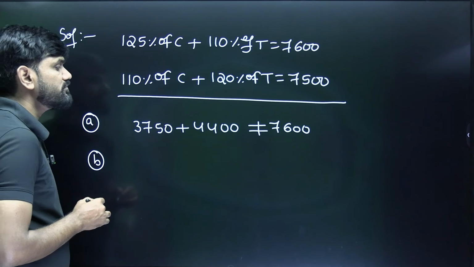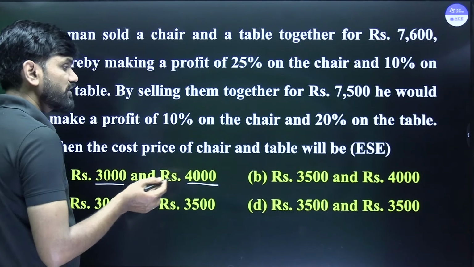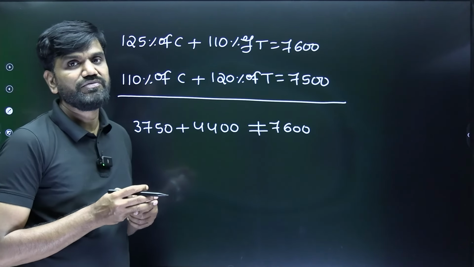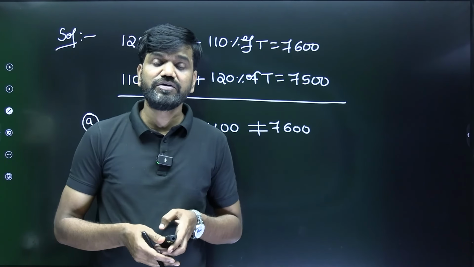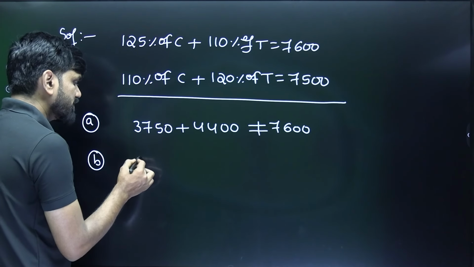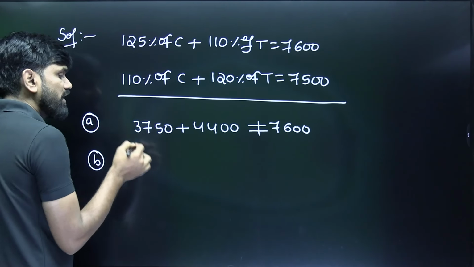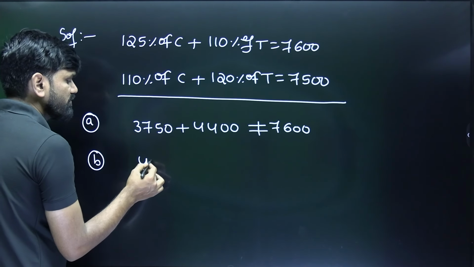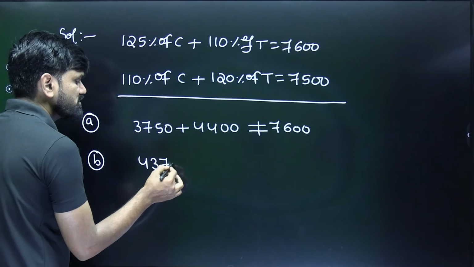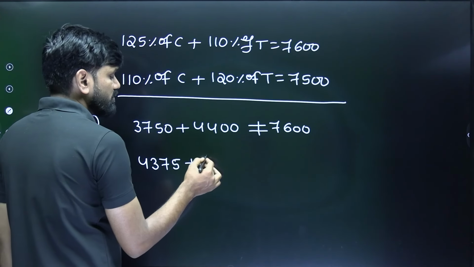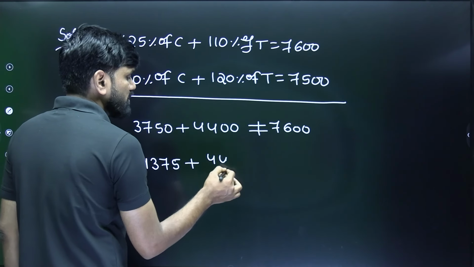B. 3,500 and 4,000. On 3,500, if I take 25%, 25% of 3,500 will be 875. You add it to the cost price 3,500. For 3,500, if I add 875, that will become 4,375 plus on 4,000, if I take 10%, that will be 4,400.